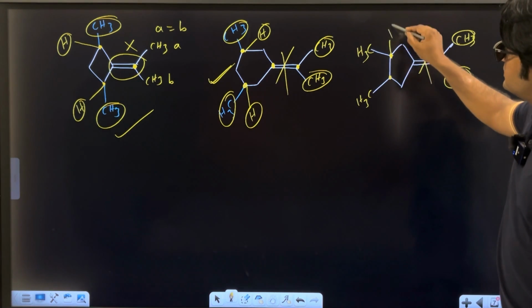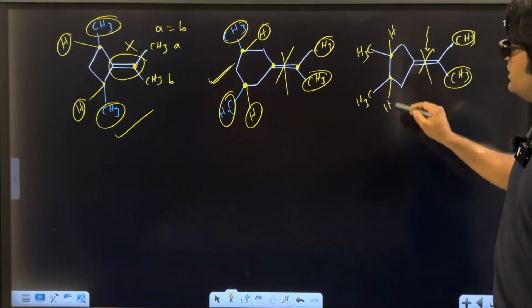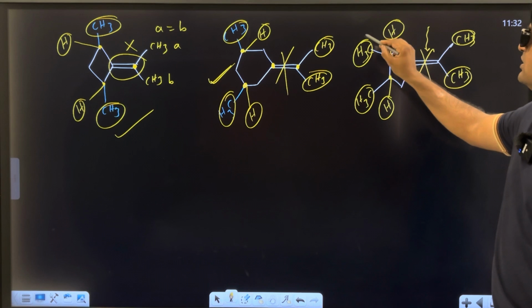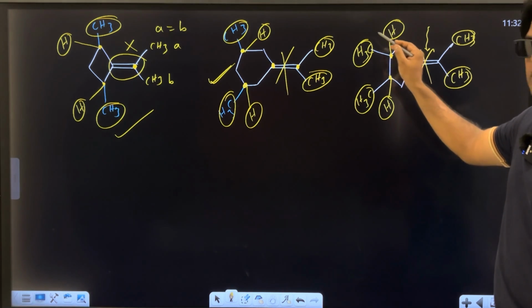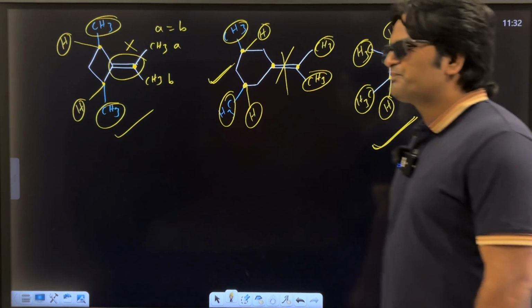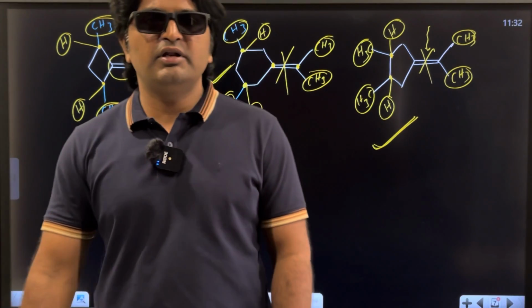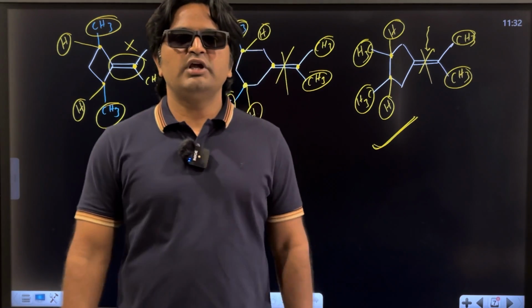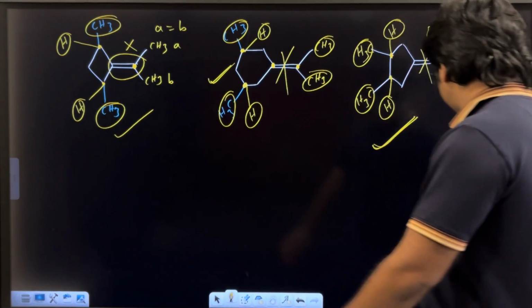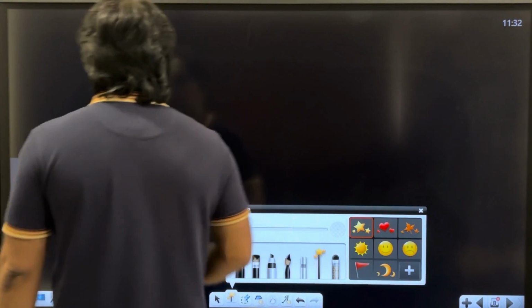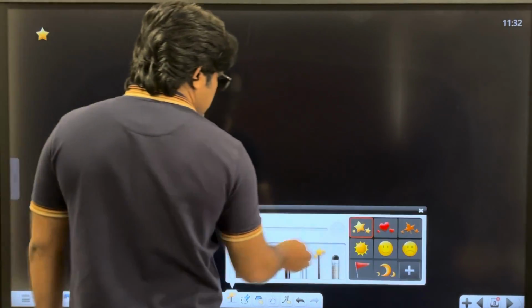What is the fourth valency? Hydrogen. Here also hydrogen. Hydrogen, methyl. Methyl, hydrogen. These two same or different? Different. These two are also different. Now with respect to the ring system, this molecule can show geometrical isomerism. Is it clear? This is the story about simple cyclic compounds. Okay, next one, geometrical isomerism.